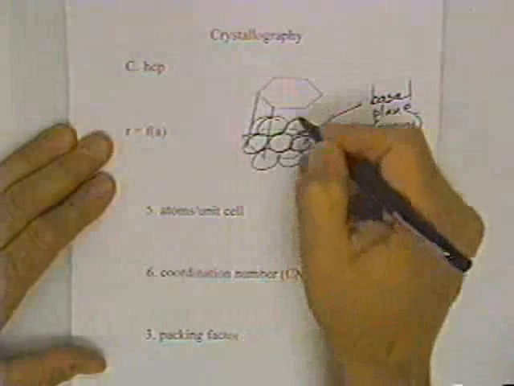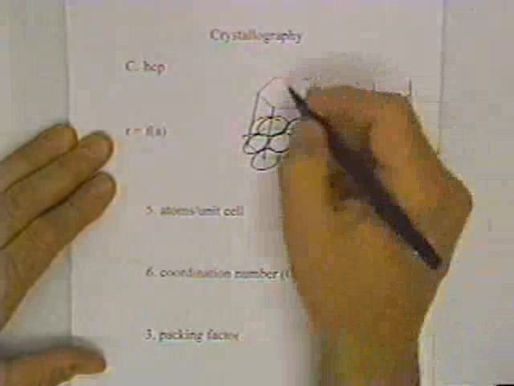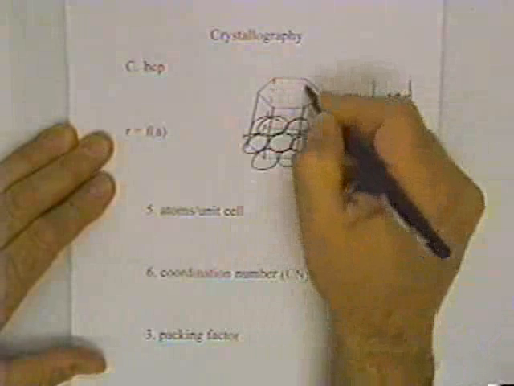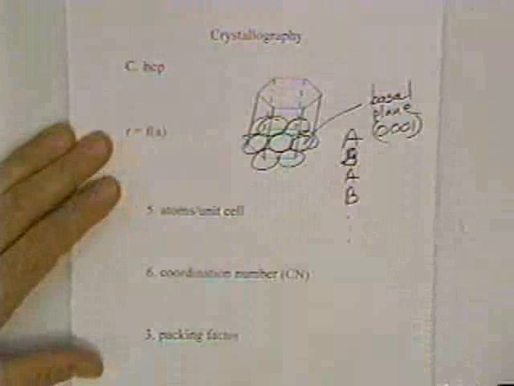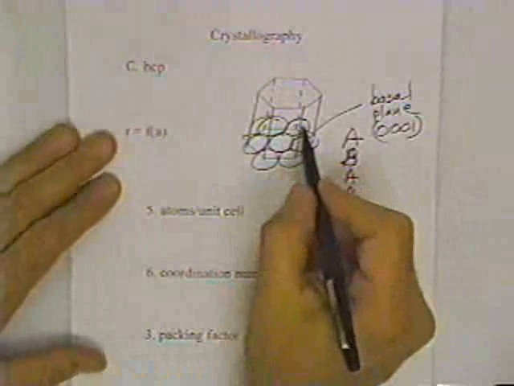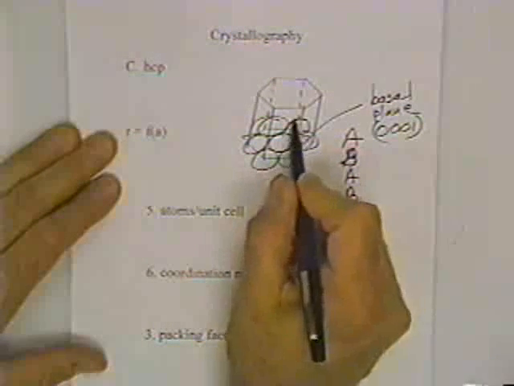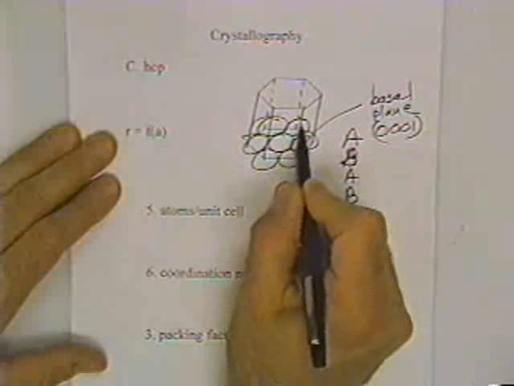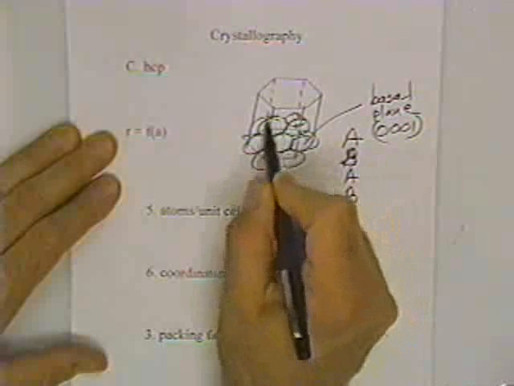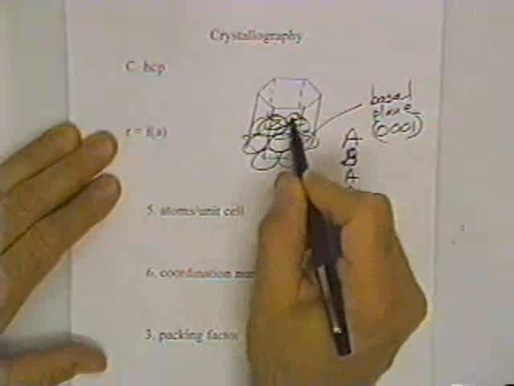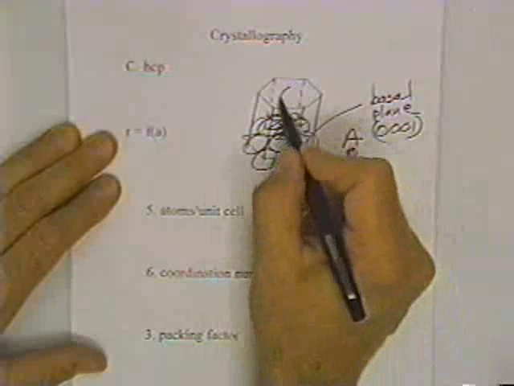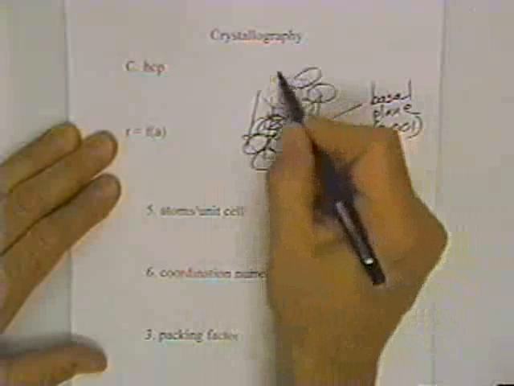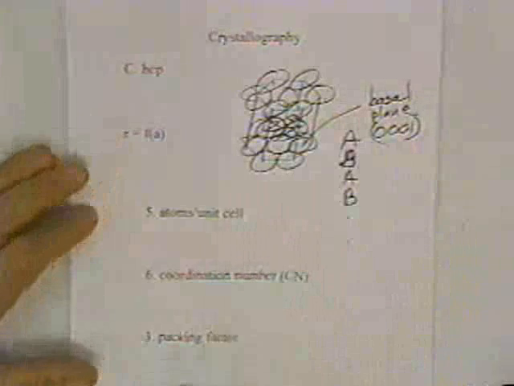The unit cell can be represented by this hexagonal close packed structure. There are 3 atoms located in the middle, which I'll try to put with a little X in there, and then there's another close packed plane on top.